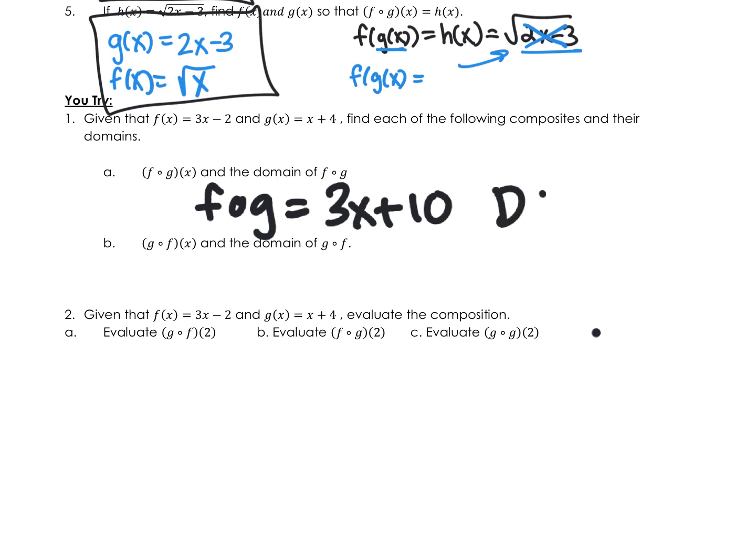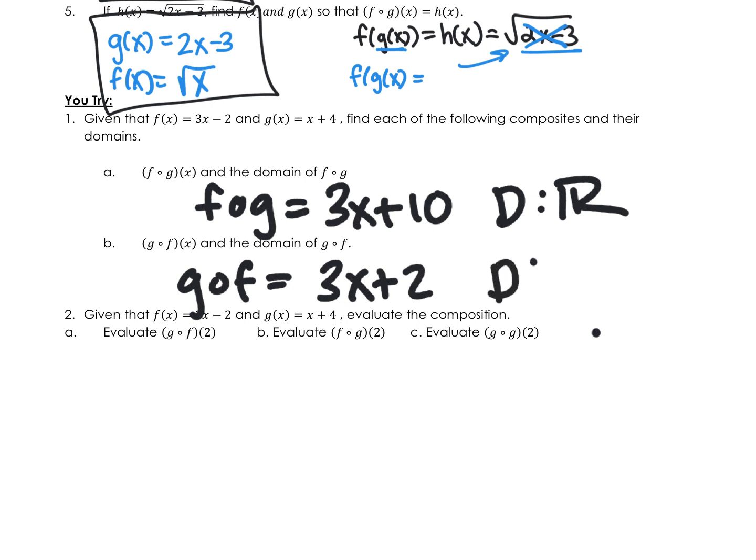And the domain of that is all real numbers. For the next one, g of f should be 3x plus 2. And the domain of that is all real numbers. And then when you evaluate A, you should end up with 8, B, you should end up with 16, and C, you should end up with 10.